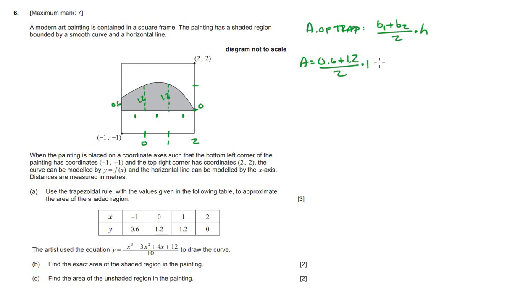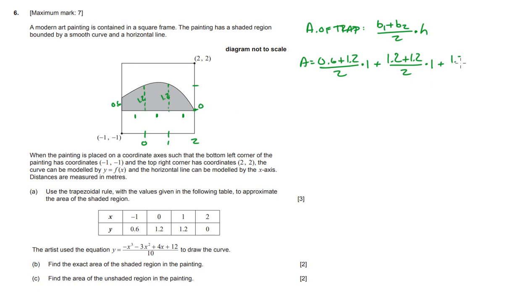So times 1 plus, now we're going to find the area of this other trapezoid. So that's 1.2 and 1.2. So 1.2 plus 1.2 divided by 2 times the height, which is 1. And then we're going to add the last one in here. The length of this base is 1.2 and that base is 0.